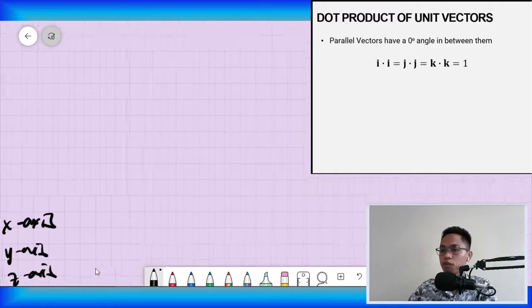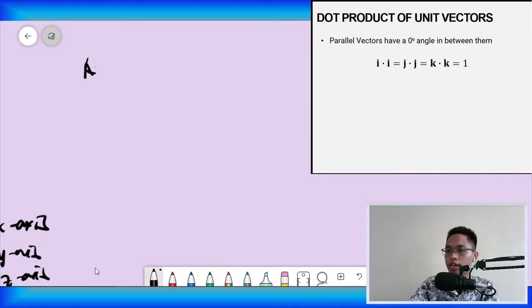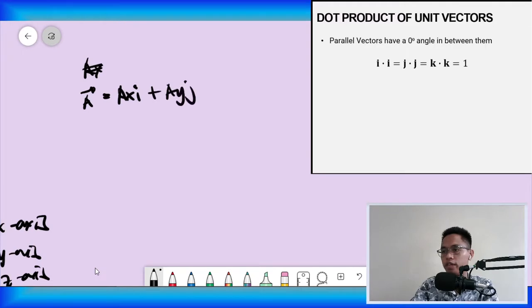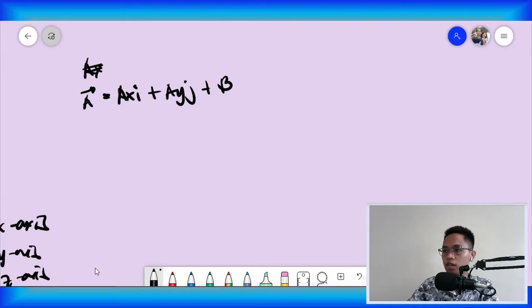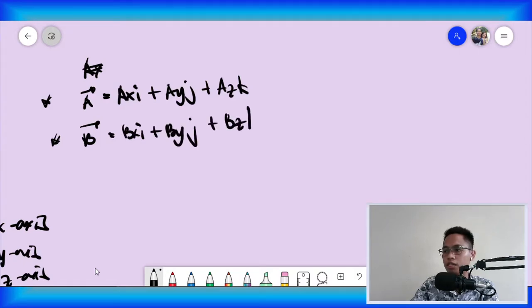So, for example, we have vector A with coordinates AXI plus AYJ plus AZK. And also, we have vector B, which is BXI plus BYJ plus BZK.